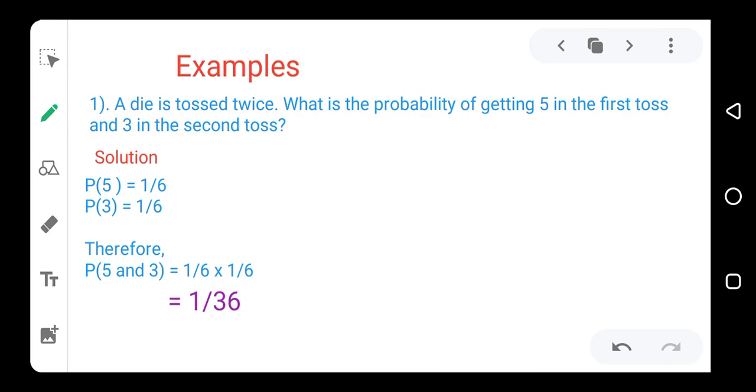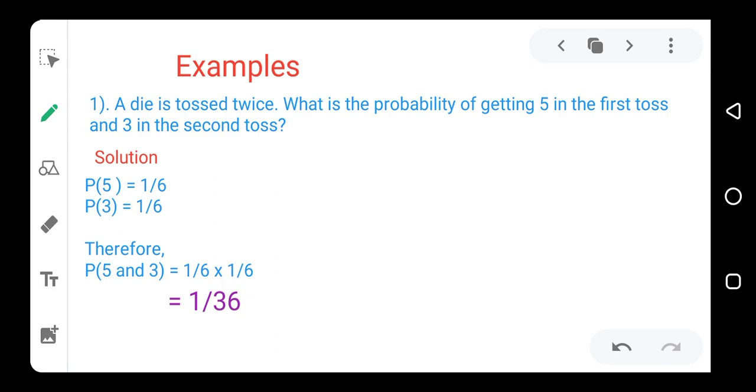We know that the probability of getting any number on a die is 1 over 6 because there are 6 sides in a die. The probability of getting 1 is 1 over 6, the probability of getting 2 is 1 over 6, the probability of getting 3 is 1 over 6. Any number you want to get when you throw it once, the probability is 1 over 6 because it has 6 sides.